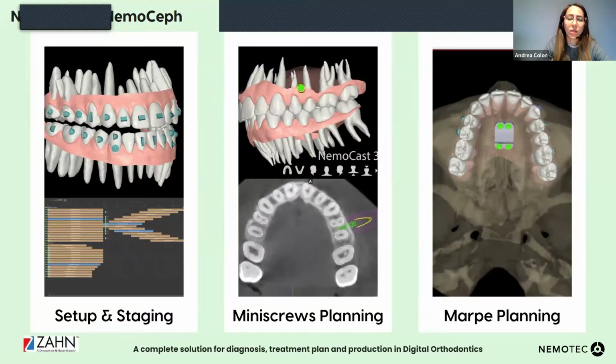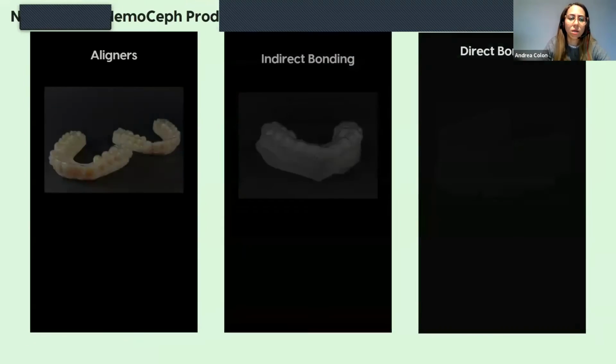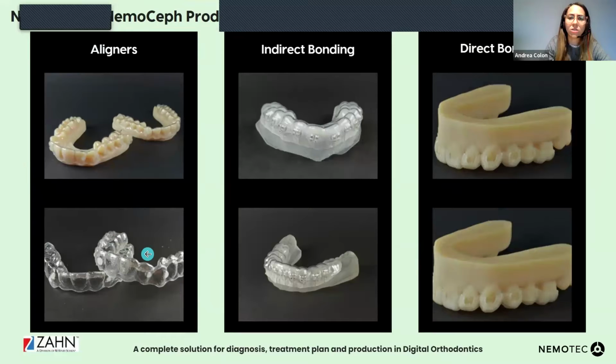Well, I was saying you can have aligners. You can get indirect bonding or direct bonding guides. So this means you can also get what is going to be a bracket setup.